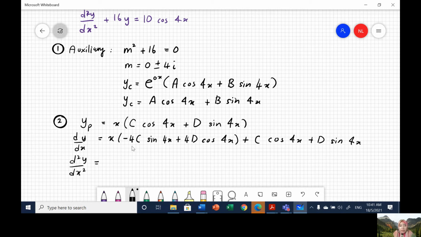There's another time to do the product rule here, because we have the first bracket and then the second bracket. So take x, take the first part, differentiate the one in the bracket. We have negative 16C, plus we take this bracket and differentiate x, we get 1.